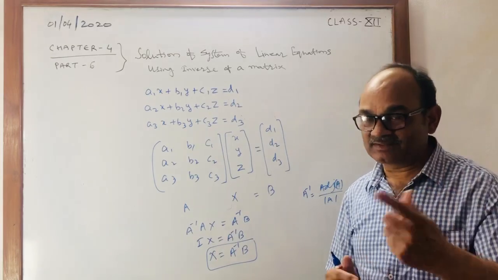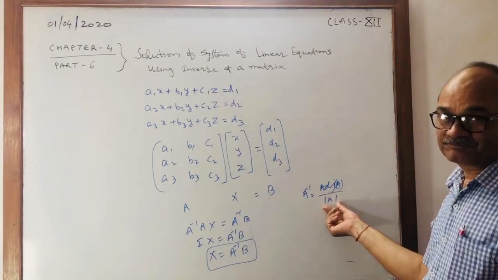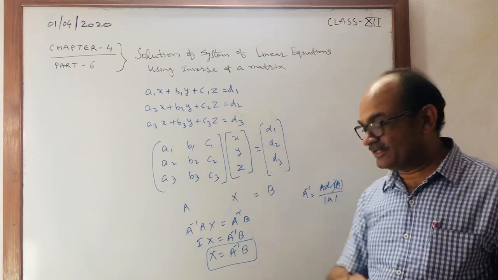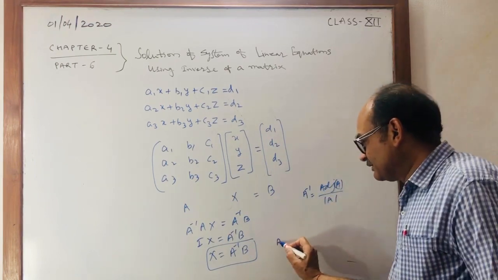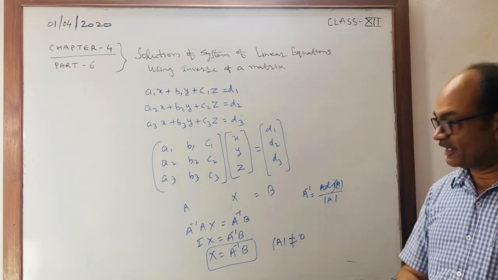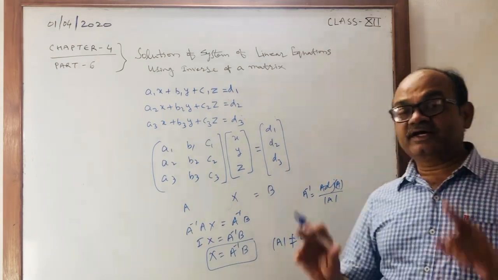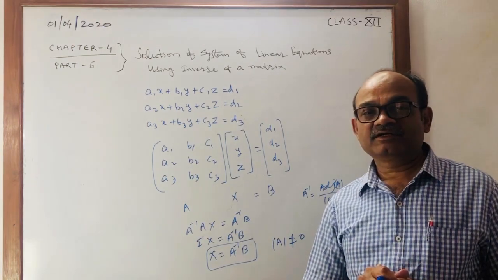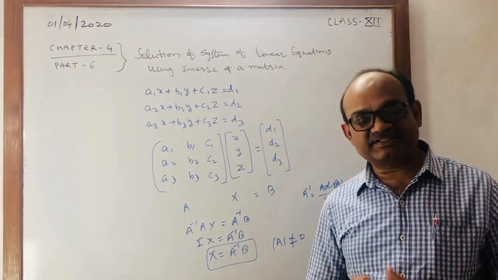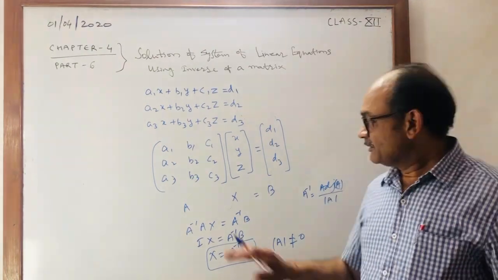If it is singular, then this answer comes 0 and inverse is not applicable. So the most important point: determinant A non-zero or non-singular, then only we apply this method, and in this we will get a consistent and unique solution, same as in class 10th.